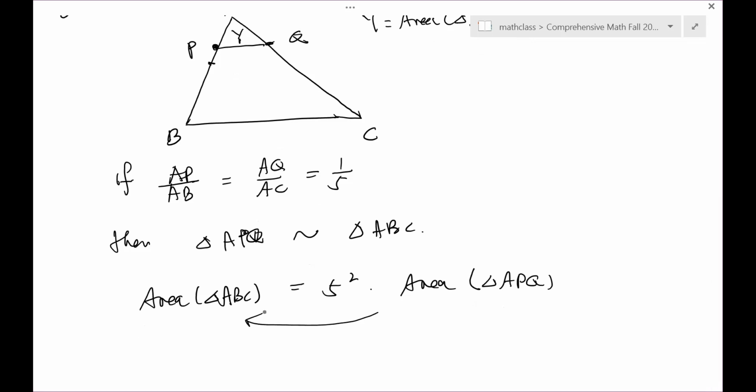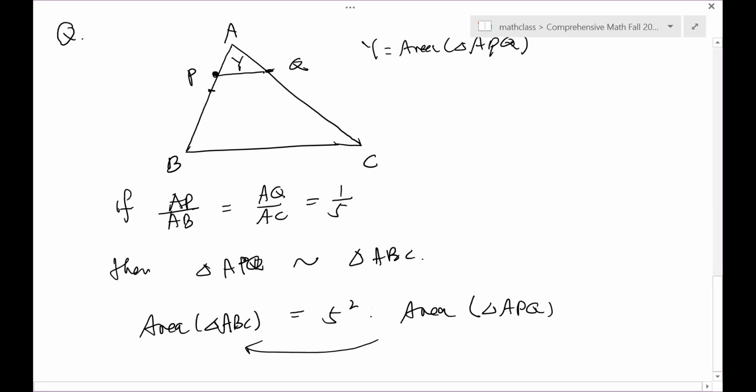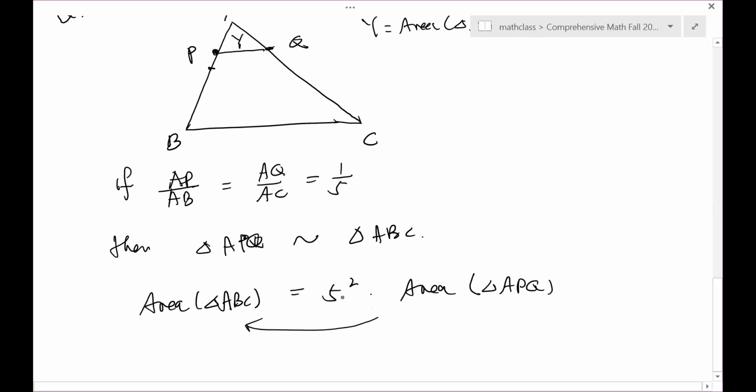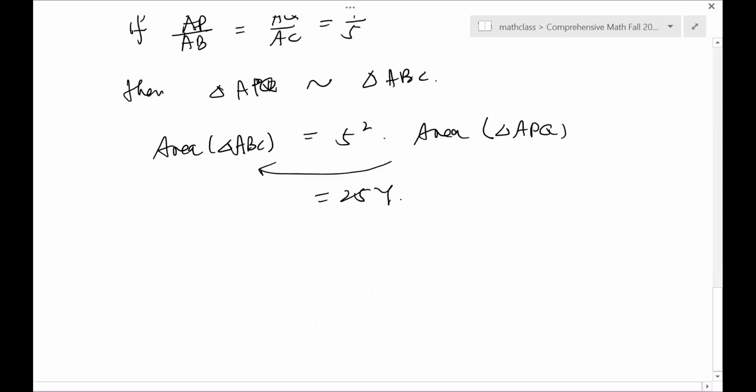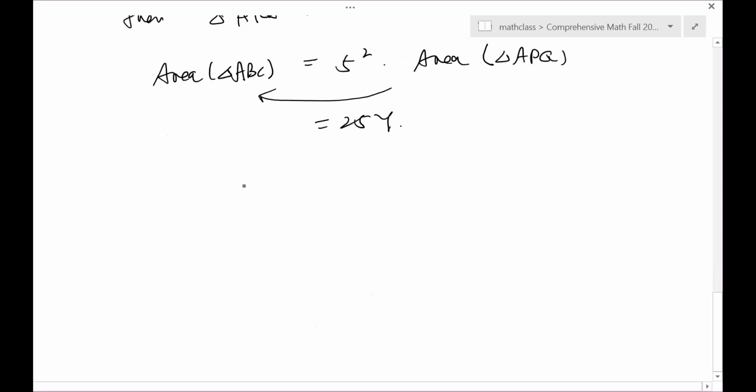The ratio of the sides would be 5, because AB to AP is going to be 5 to 1. So the larger triangle is 25 times the area of the small triangle. Okay, so if this is Y, then that's just 25Y. That's the first thing to do. Okay, so now we continue.